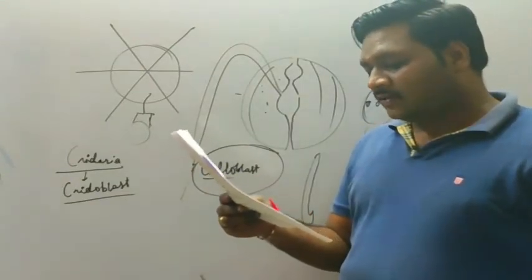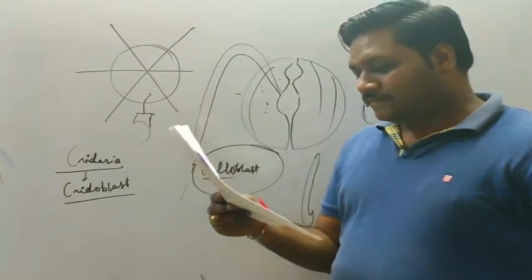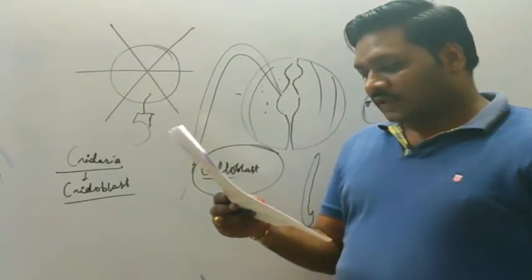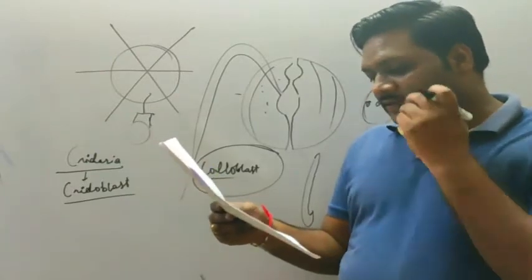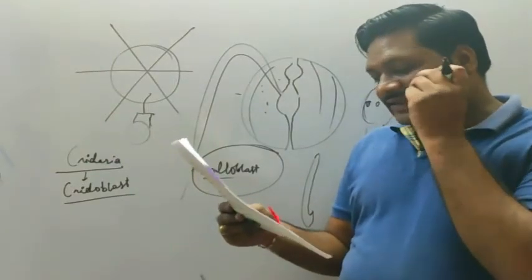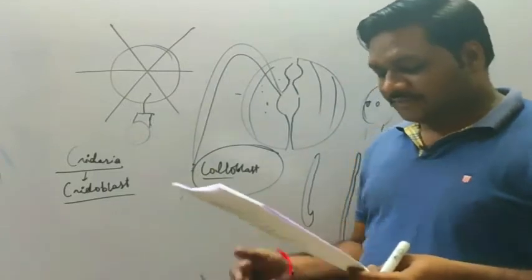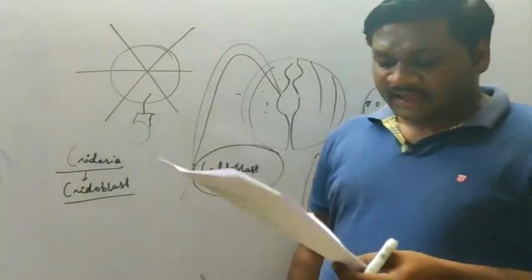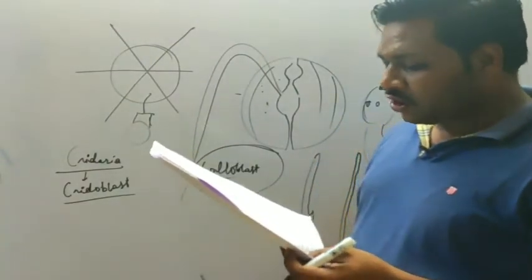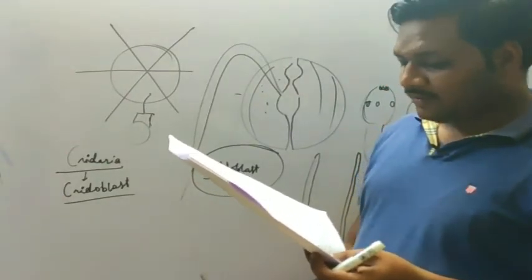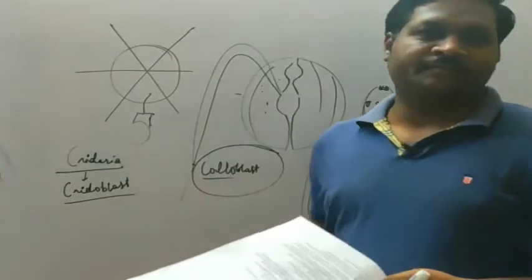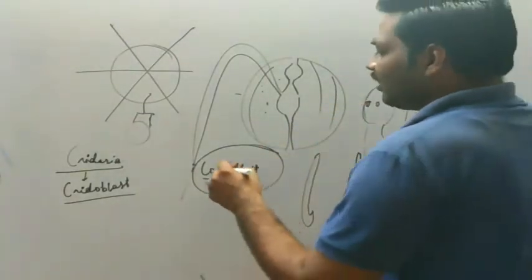Then question number 136: which of the following is dioecious? Options are given: Pheretima, Hirudinaria, Nereis and Lumbricus. Of these, Nereis is a dioecious type of animal. Nereis possesses lateral appendages called parapodia, which help in locomotion, swimming and respiration.